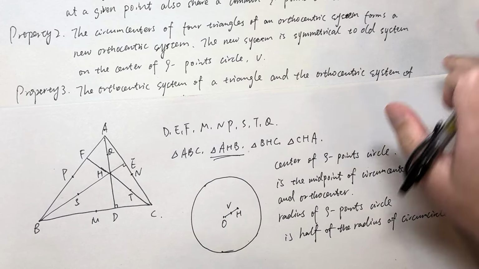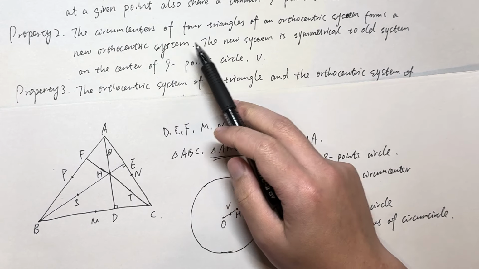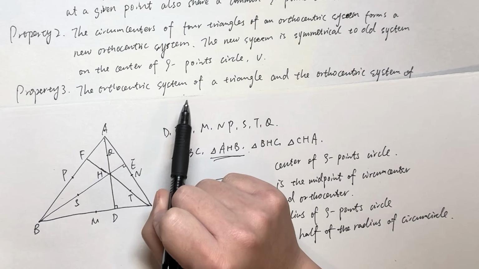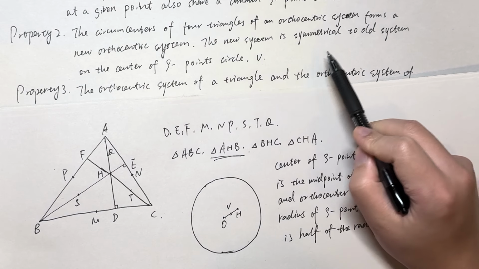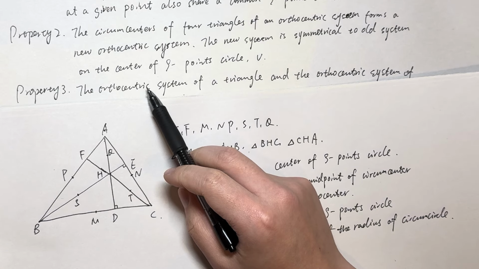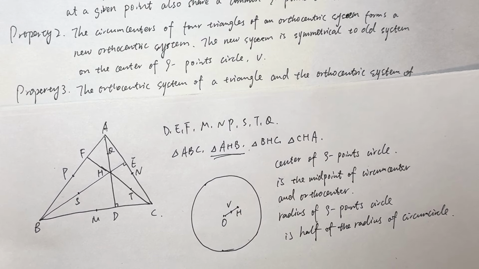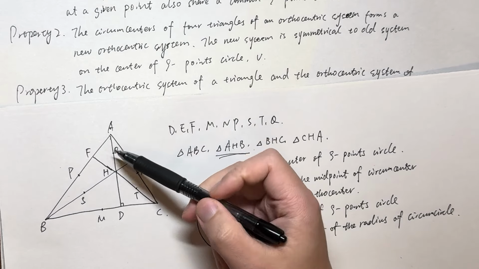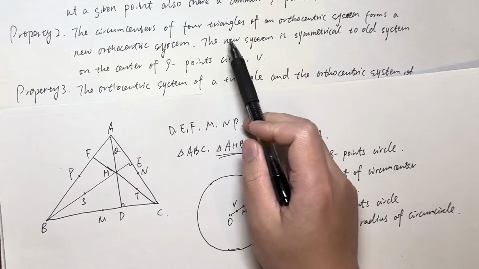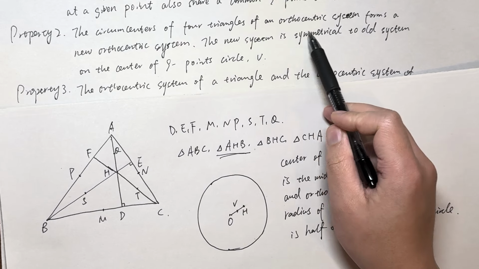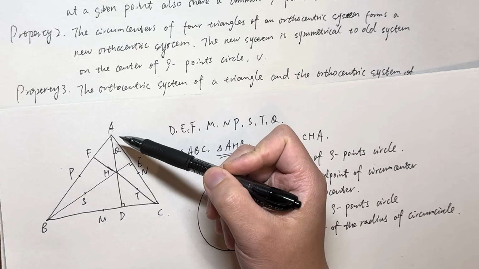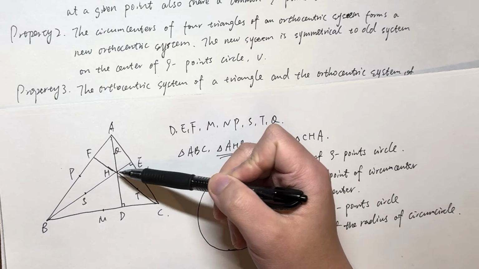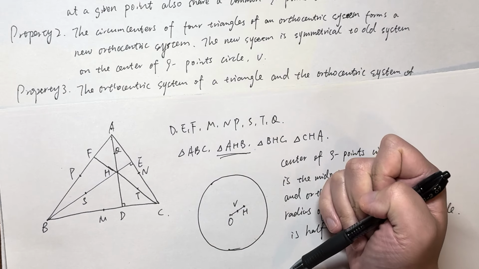Property 2. The circumcenters of 4 triangles of an orthocentric system form a new orthocentric system. The new system is symmetrical to the old system on the center of the 9-point circle V. So we need to consider the circumcenters of 4 triangles of an orthocentric system, which means that we want to find the circumcenter of the triangle ABH, triangle BCH, and triangle ACH, right?